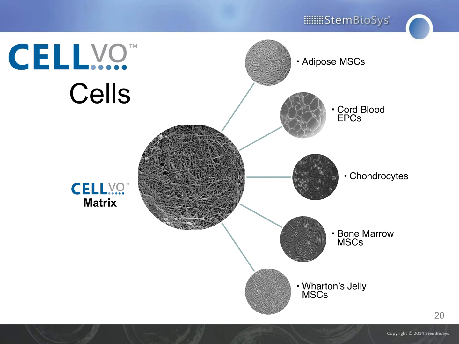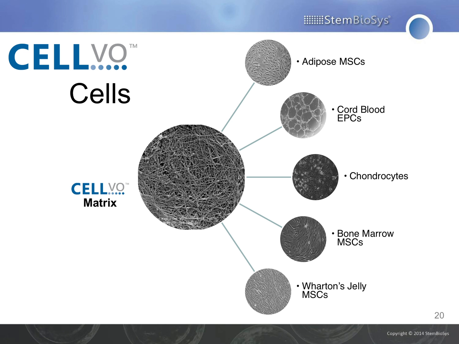So what we've also done now going forward is we've decided that we were going to provide these more potent cells to researchers as well. So we've taken on an effort to isolate these different types of cells that you see here: the adipose MSC, the cord blood endothelial progenitor cell, chondrocytes, bone marrow MSCs, and Wharton's jelly MSCs from the cord tissue. These cells are different from normal MSCs that you see in other catalogs in that they've been isolated and grown on this extracellular matrix.